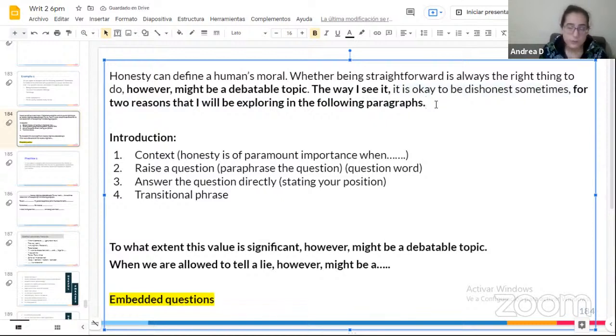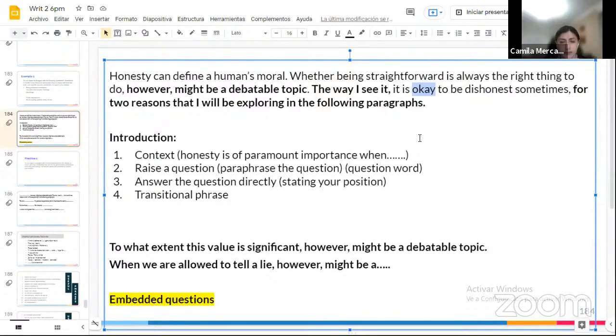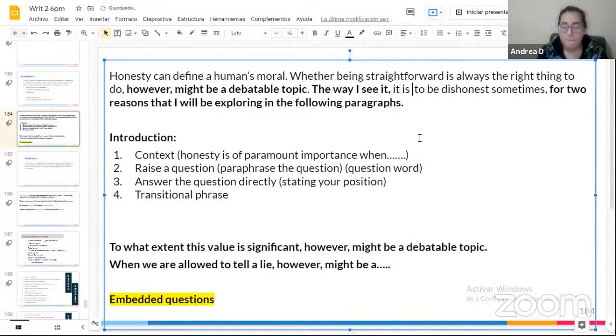Try to look for different words. Try to think of synonyms, like for honesty, dishonesty, words like okay. Maybe instead of okay, you could say acceptable or permitted, or something like fine. Fine, yes, fine is a synonym of okay, but it's still not that formal.